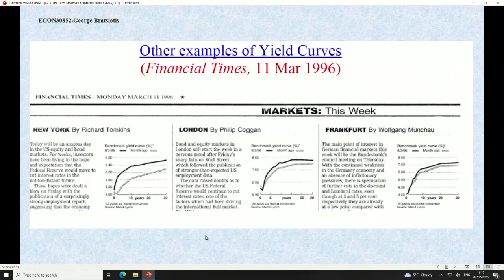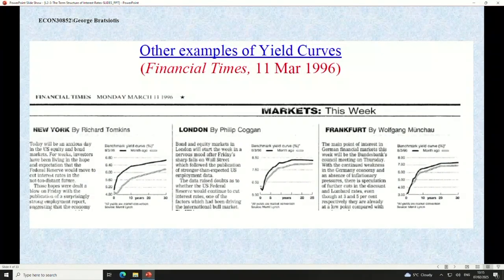Well, if you read the small writing, if you can read that, it says that the US, okay, investors have been, let me just put my glasses on, it's so hard to read this. Okay, so it says here, and I'm sorry about the quality of the print, but it says today we'll be anxious.